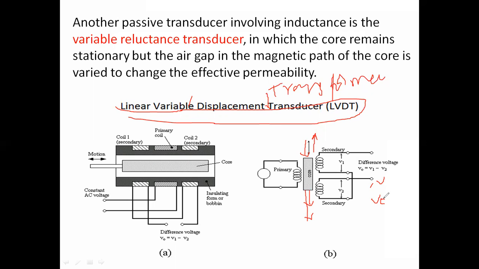This negative sign indicates the direction of the applied displacement. If the core is moving in the upward direction, it is positive. When the core is moving in the downward direction, it gives the negative sign, but the magnitude is positive only. So the sign indicates the direction of the applied displacement. So that is the one thing.